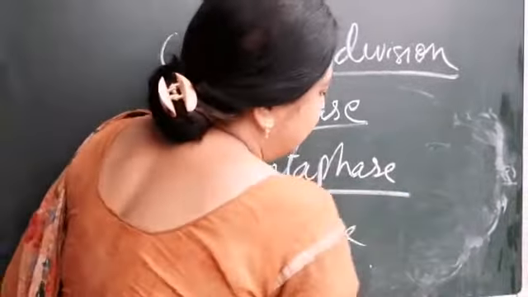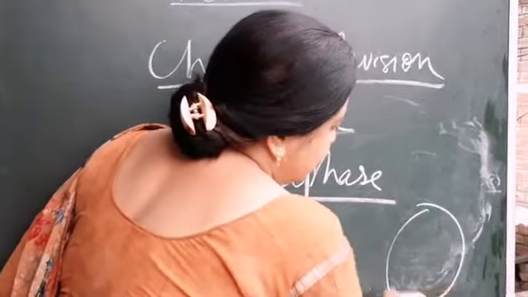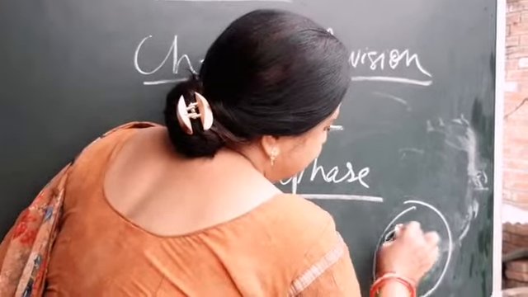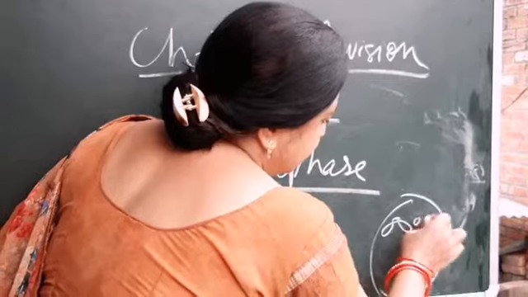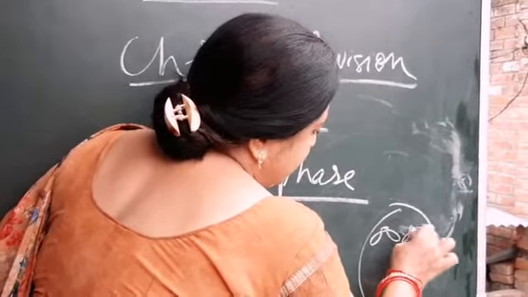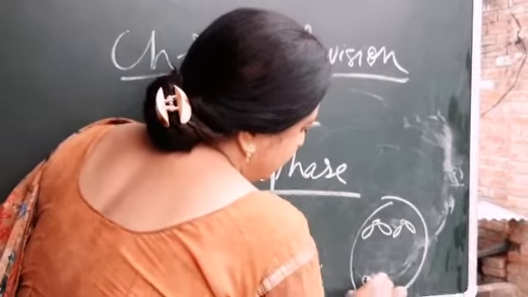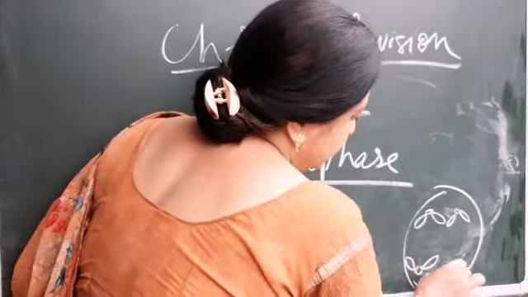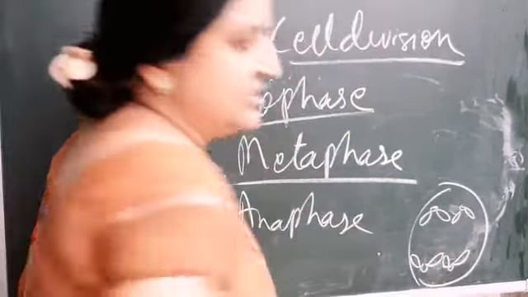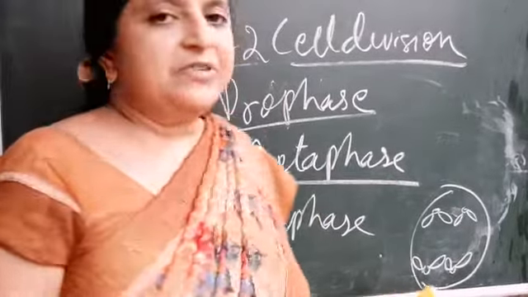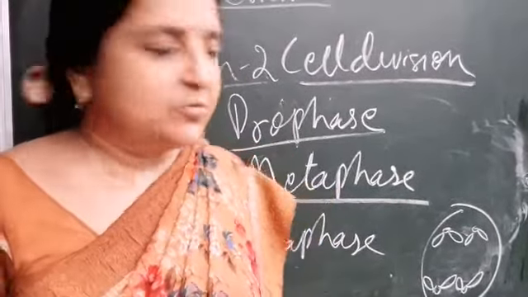After the movement, their structure becomes like this. They come near the opposite poles of the nucleus. This is the anaphase, known as the shortest phase of mitosis.